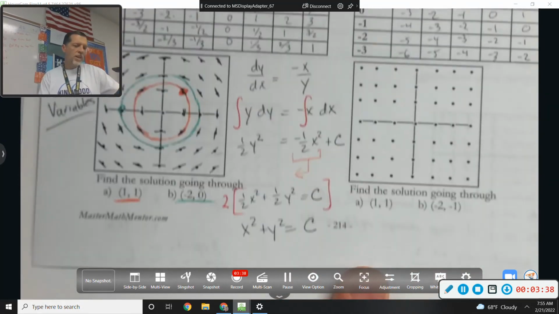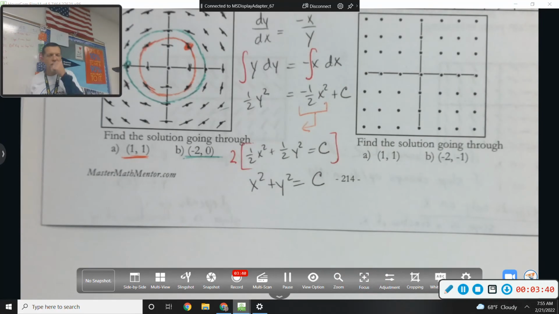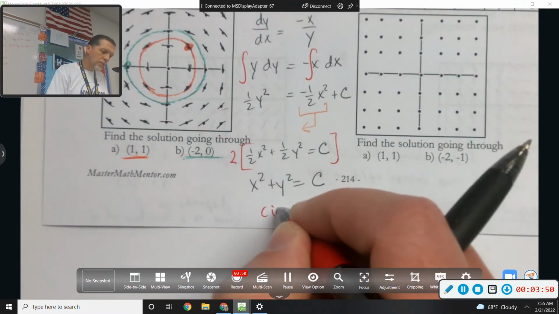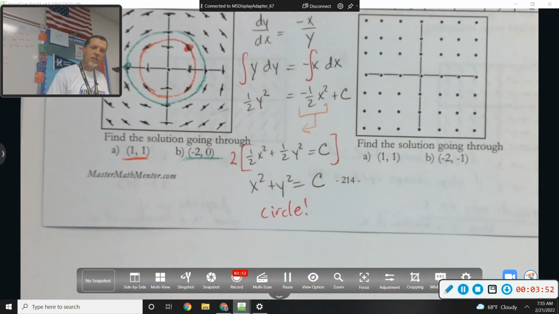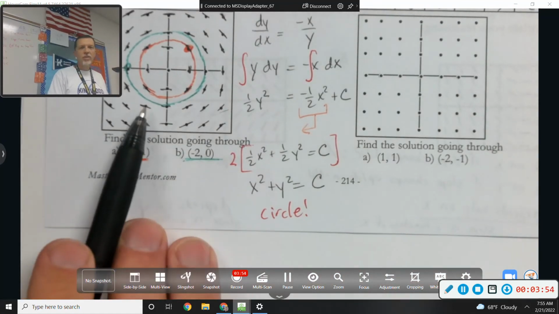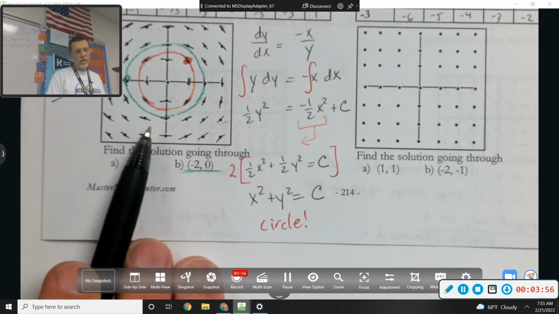And remember, c is anything at this point, so it doesn't really matter if I do c or 2c. That's still any constant. If you want to put 2c, it's not wrong. And then hopefully you recognize, hey, wait a minute, that's a circle. And so that matches with the picture that we drew.